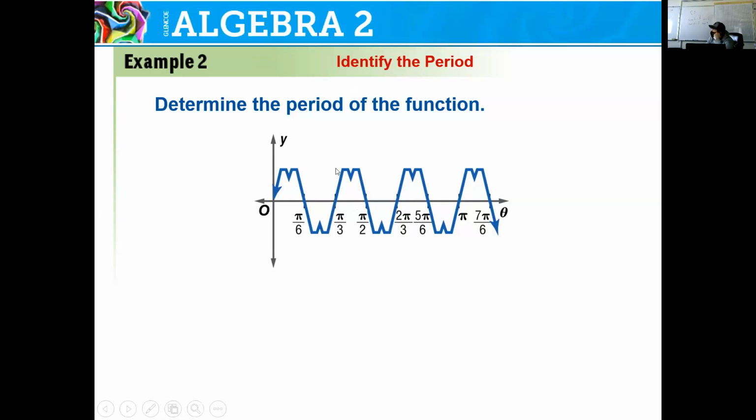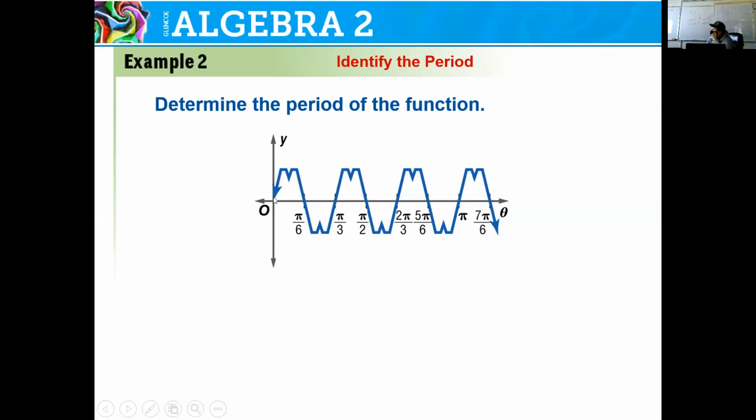And if you look at this graph, it's just a pattern of itself. It's going to be positive, then negative, then back to positive again. No other values change because they map onto themselves. So looking at this, we want to find the x value where there is a full cycle, and the answer is going to be pi over 3.